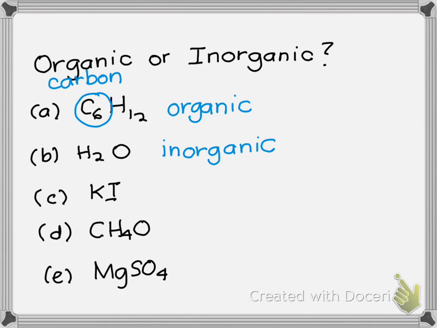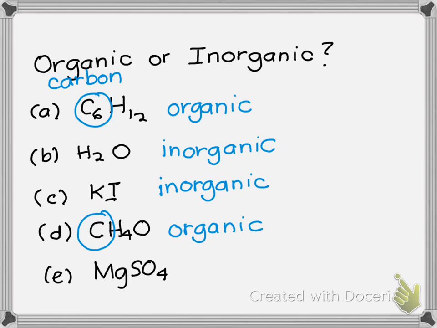But in terms of chemistry, organic means it contains carbon, so water is inorganic. Potassium iodide with no carbon is inorganic. Here we have a carbon, so this is organic. And then magnesium sulfate with no carbon is inorganic.